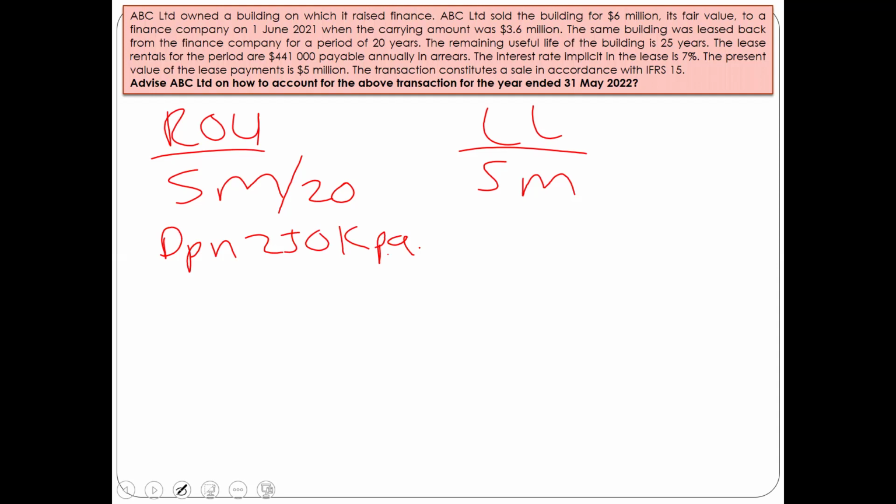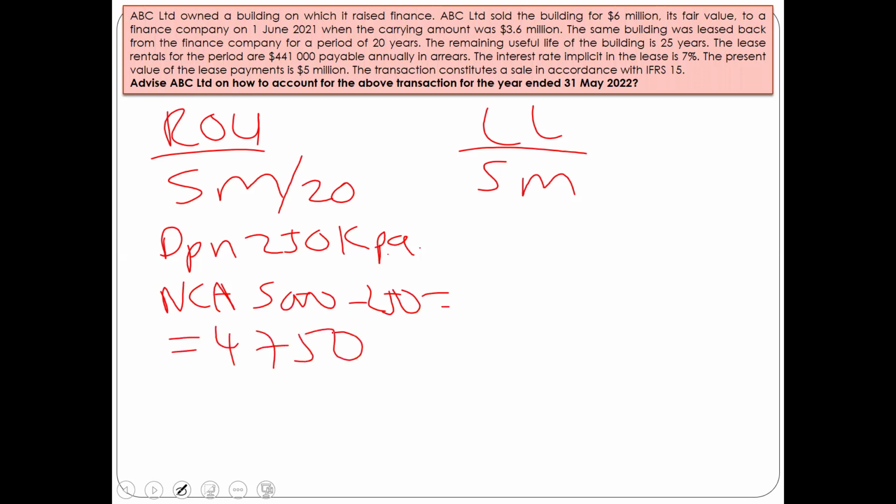So the value of our asset in the statement of financial position, which is our non-current asset, will be 5 million minus 250,000, which becomes 4,750 (in thousands). So this is the statement of profit and loss, 250,000 depreciation. This is the statement of financial position, the carrying amount of the right of use asset, which is 4,750. So that's as far as the right of use asset is concerned.